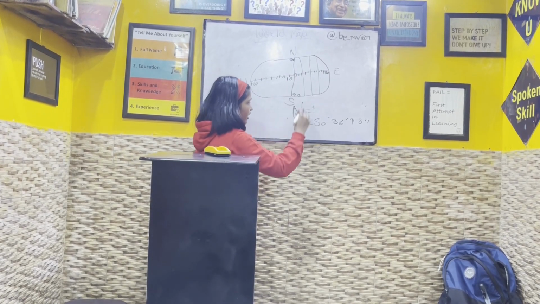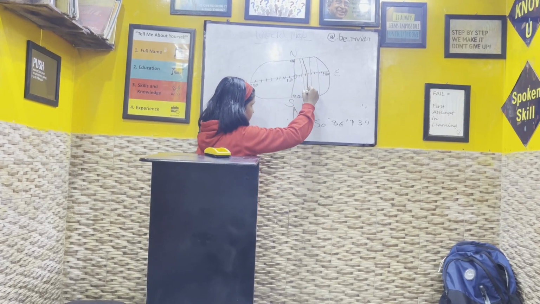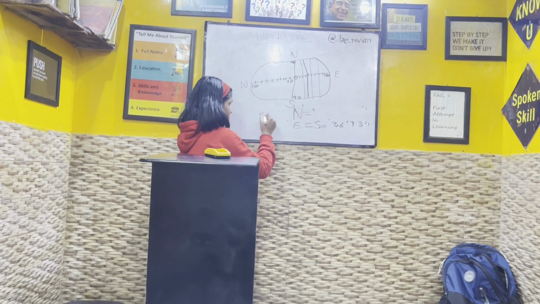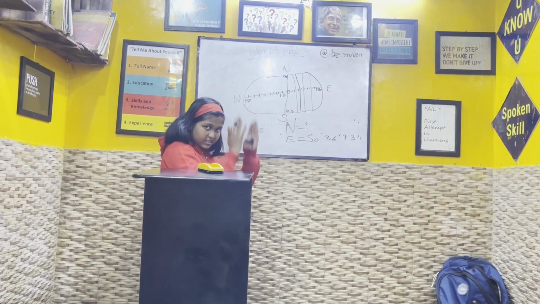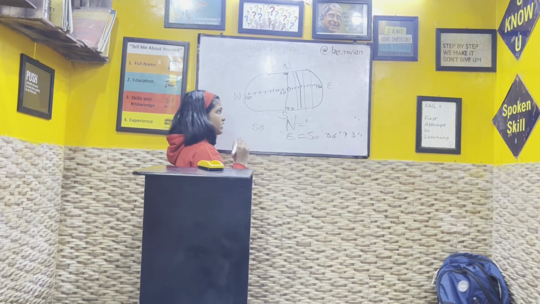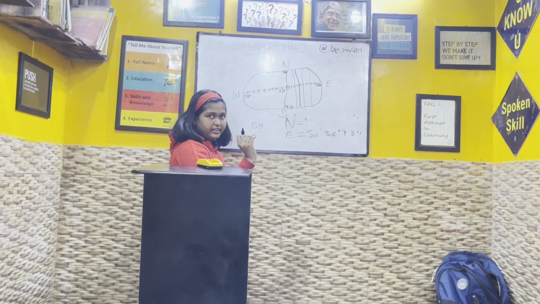So now you have taken 50, like this is the 50. And then you're drawing a straight line. That straight line will tell you about your exact coordinate.